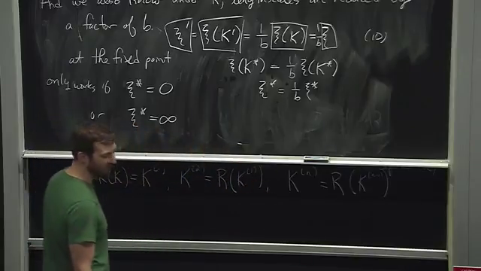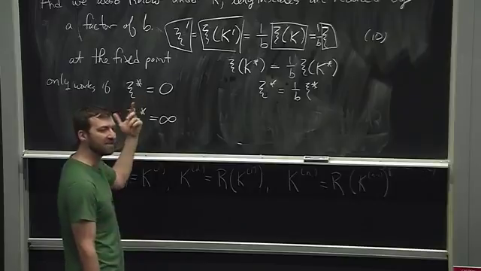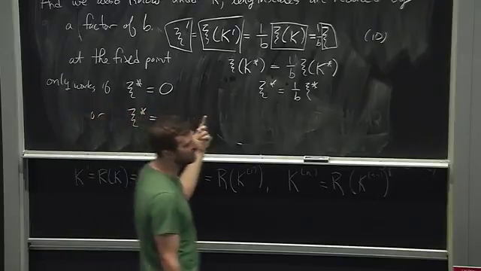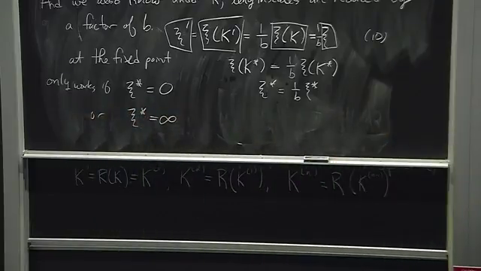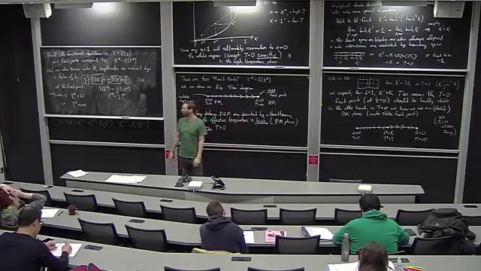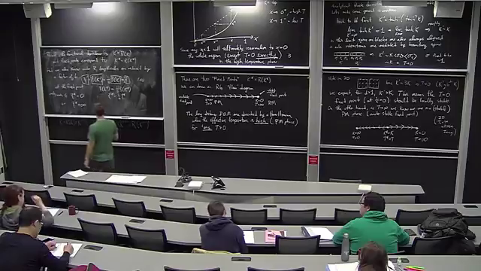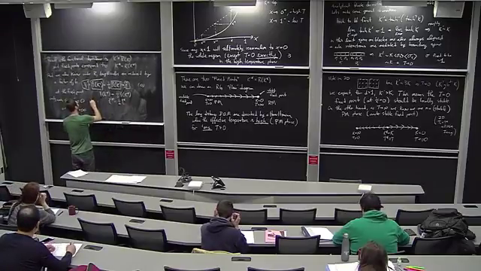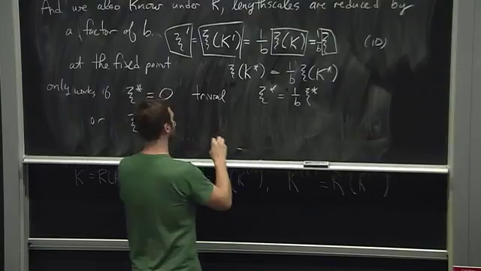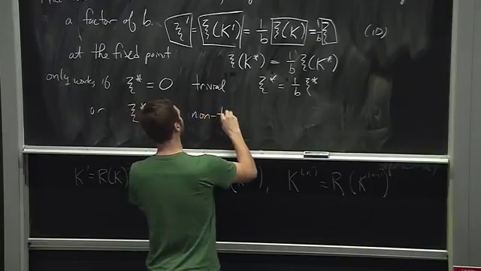But you can also get trivial cases where the correlation length is 0, and that's what's going on up here. There's no correlation length up here, even though this is a fixed point. So sometimes these are trivial, and sometimes these are non-trivial.